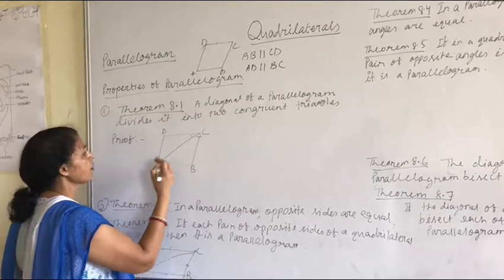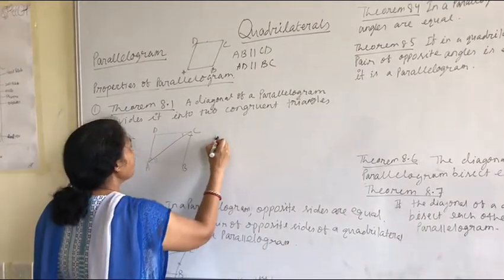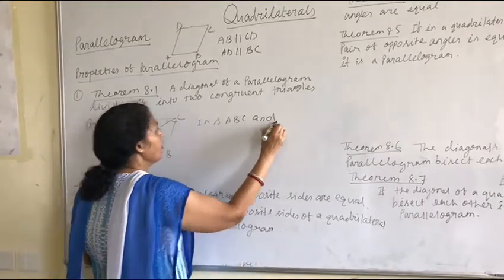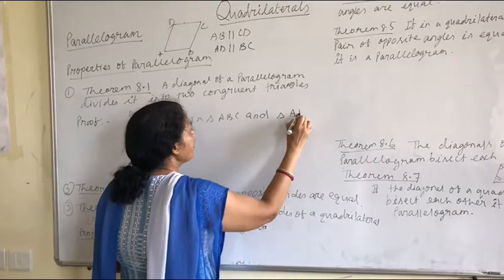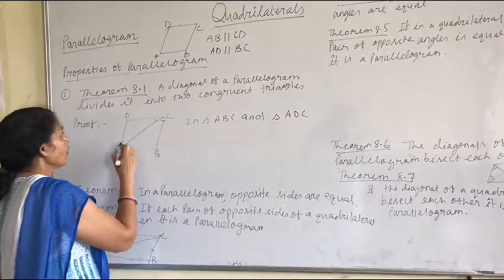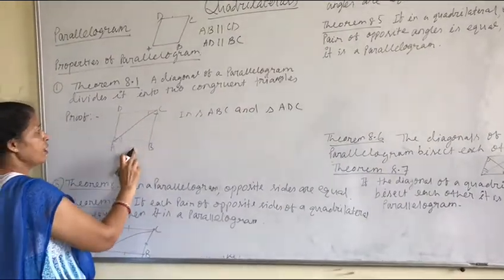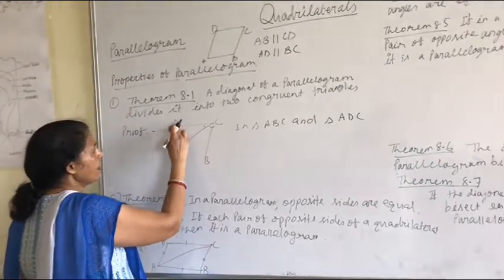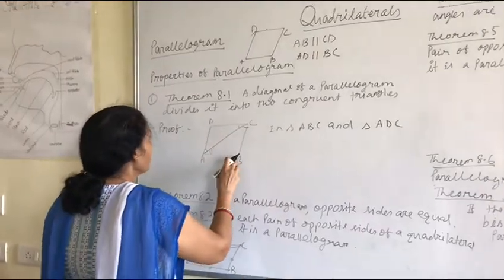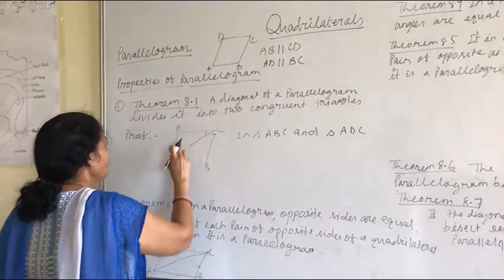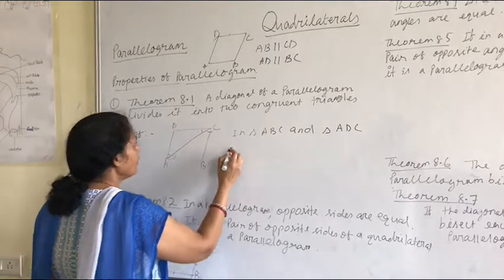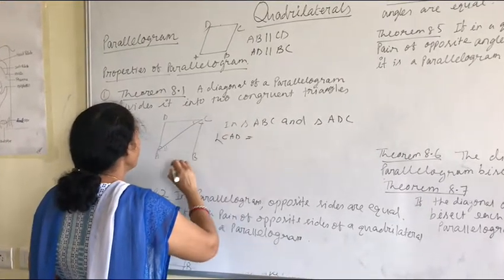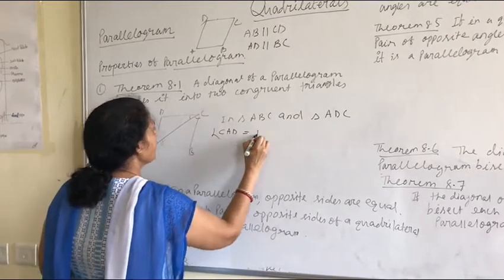You just notice. In triangle ABC and triangle ADC, AB is parallel to CD, so angle CAD is equal to angle ACB. Clear? Angle CAD is equal to angle ACB.